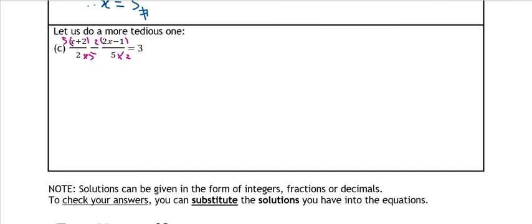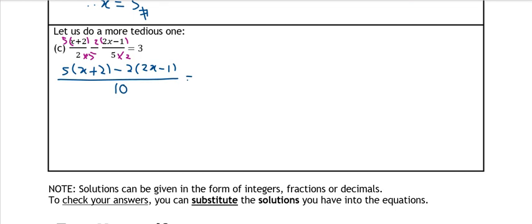Focus on the left side first. You will have 5 bracket x plus 2, and then minus in between 2 bracket 2x minus 1, so everything will be over 10.